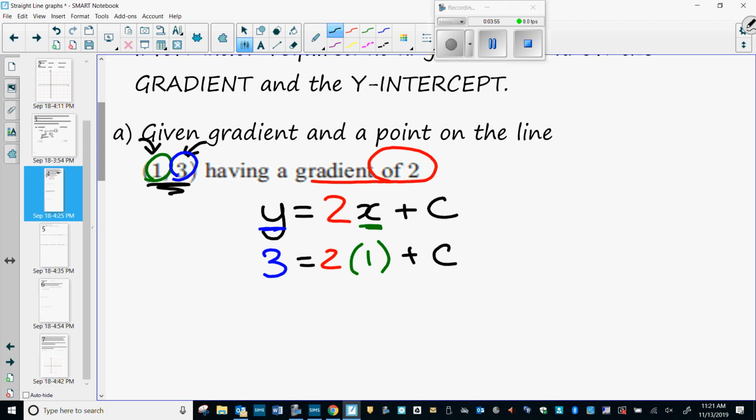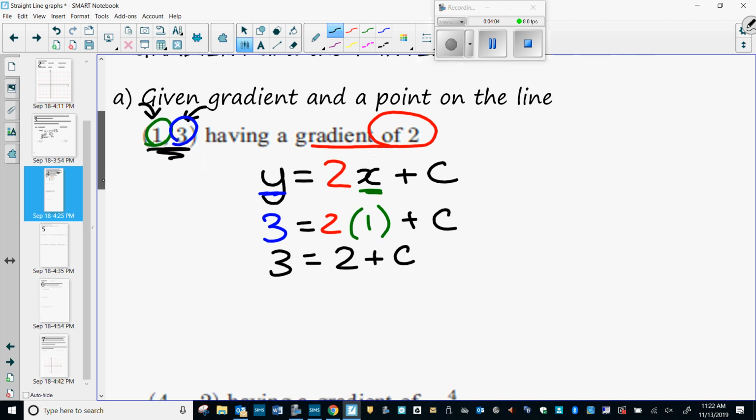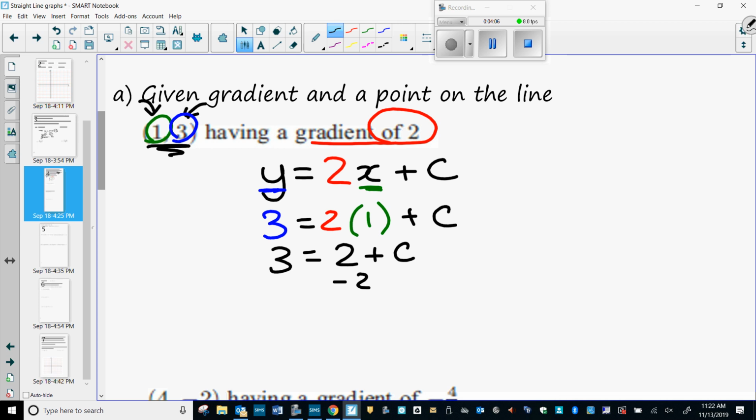Okay, so it's going into the expression. So 3 is equal to, what's 2 lots of 1? 2. So we've got 3 equals 2 plus C. How do we rearrange it to get C on its own? Minus 2 from both sides, so we've got 1 equals C.